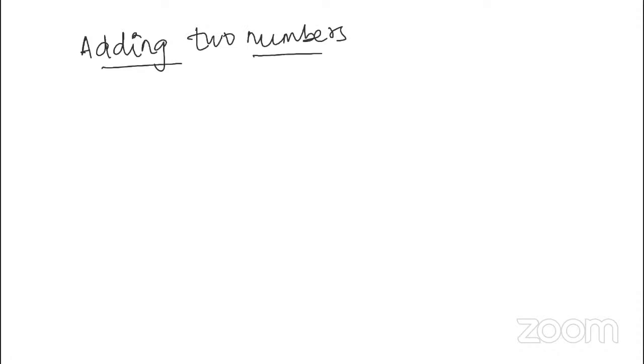We can continue with significant figures. From the last class, we have been writing how, if any whole number or decimal number is given, to write the significant figures. Now, how to add two numbers. The next topic is adding two numbers, or subtracting two numbers.